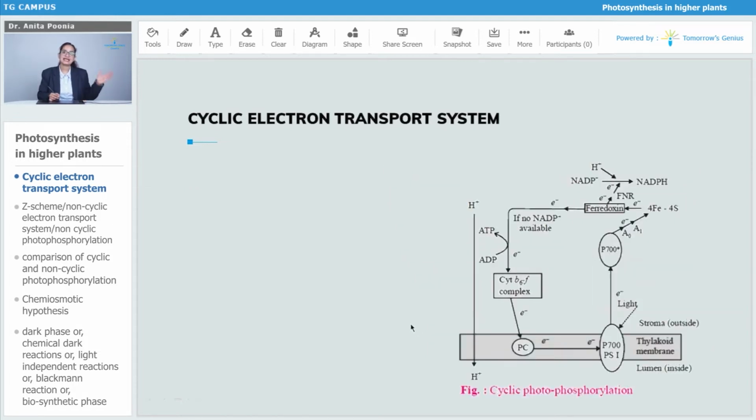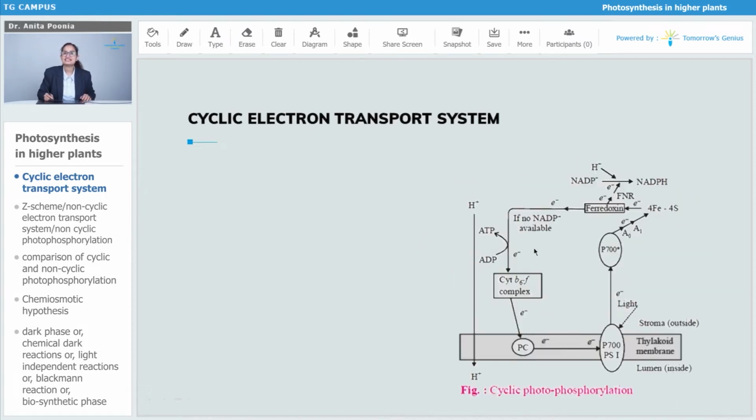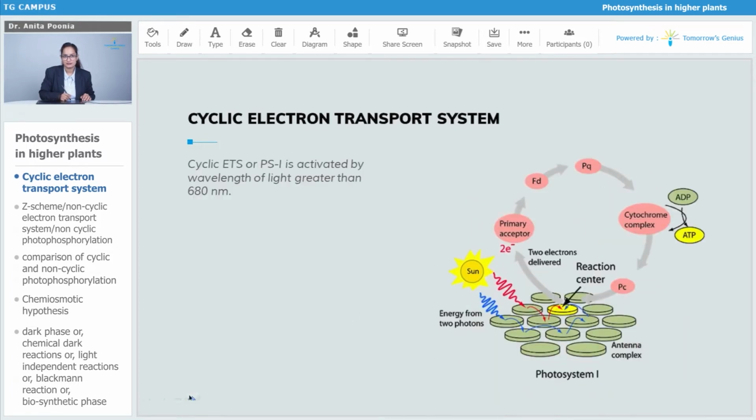Now talking about the cyclic electron transport chain, that is ETS, cyclic photophosphorylation here. You could very well see here, this is the photosystem 1 and this is the cyclic electron transport system.